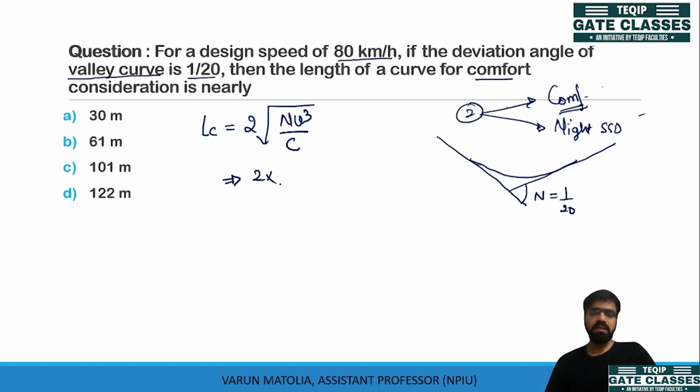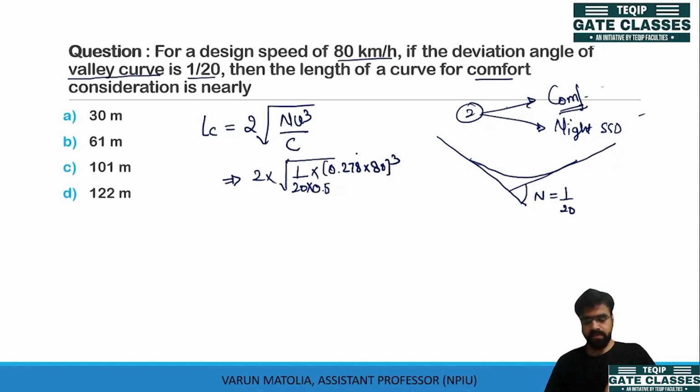So we can write the values inside. N is 1 by 20, c is 0.5, and v cube is in terms of meter per second. So let us change this in meter per second.